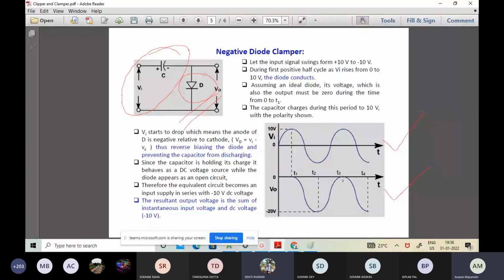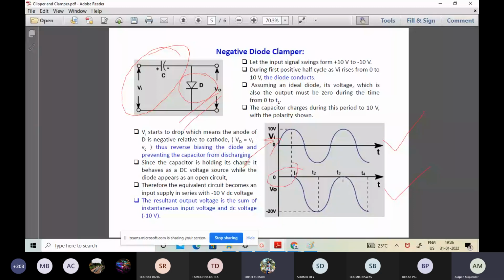In the positive half cycle, when the capacitor is charging, till the point when it attains 10 volts, the diode will be in the conduction phase. And when the diode is in conduction, the value of V0 is equal to 0. So till time point T1, the value of V0 is equal to 0.